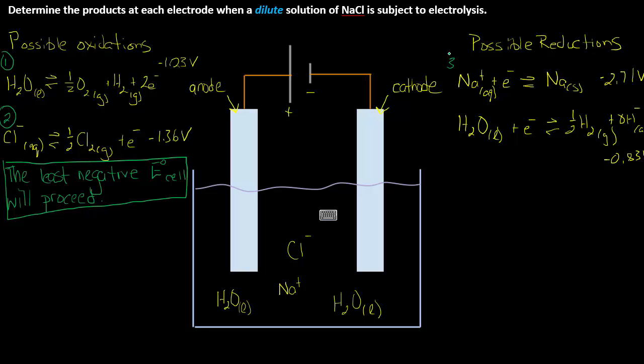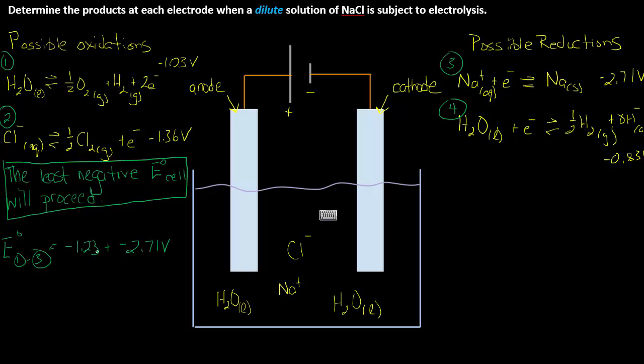We're going to supply an overvoltage, so we're going to supply more than enough electricity to make any of these reactions occur. But the reaction that will occur the most readily, or the easiest, is the one that essentially has the least negative cell potential. It's going to be the one that's met first.